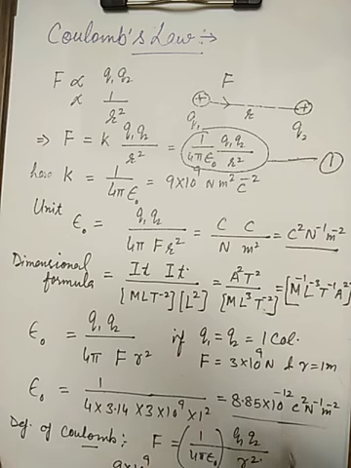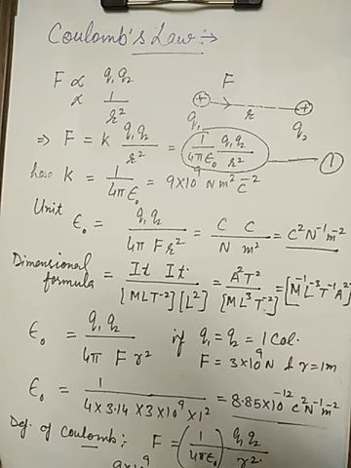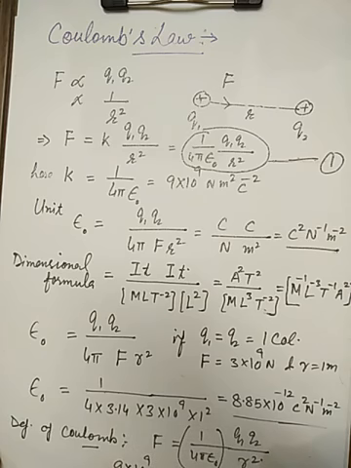If q1 and q2 are both the same, equal to 1 coulomb each, and the distance between them is 1 meter, then by using this relation we have q square equal to 1, so the charge q is plus or minus 1 coulomb.